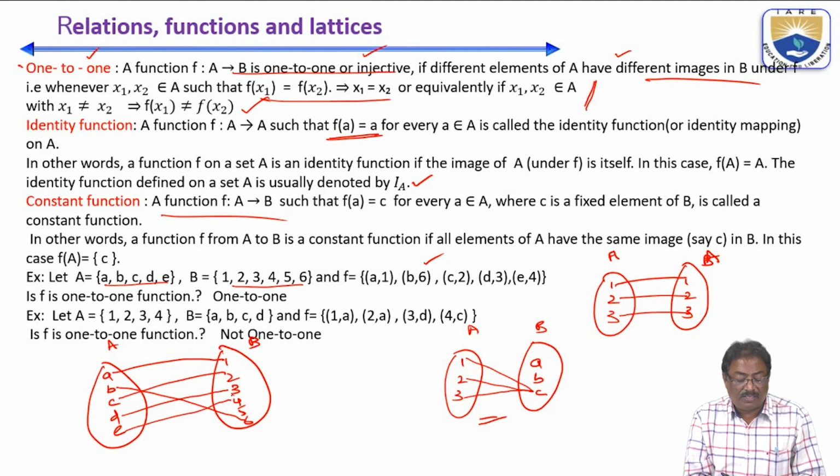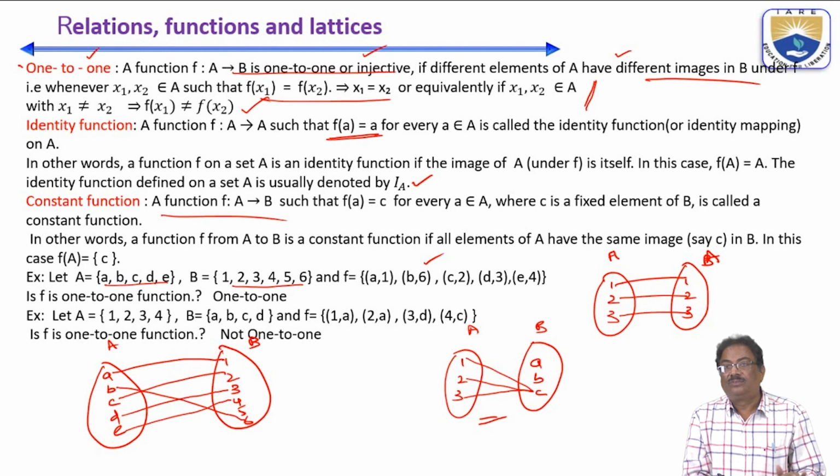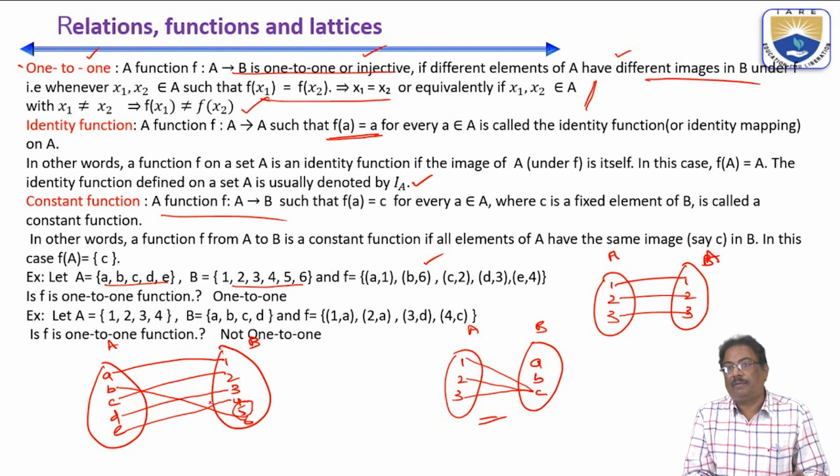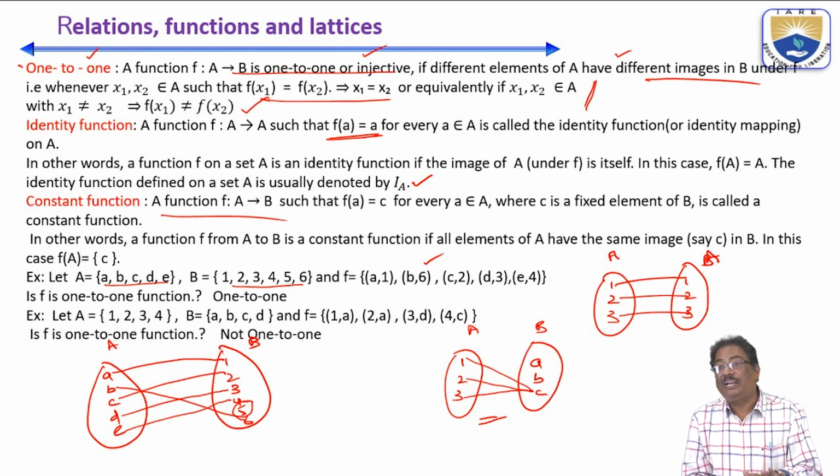Here you observe that every element of A maps to a different image, so we can say that it is a one-one function. Of course, it is not onto, because 5 does not have a pre-image. It is one-one, but not onto, so it is an into function.